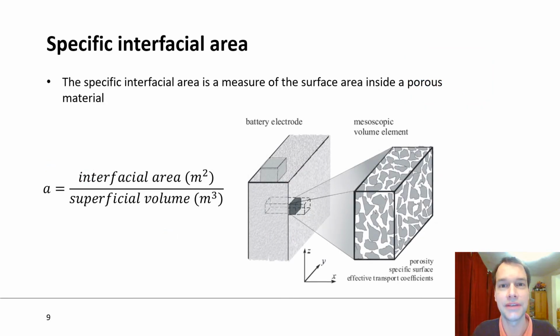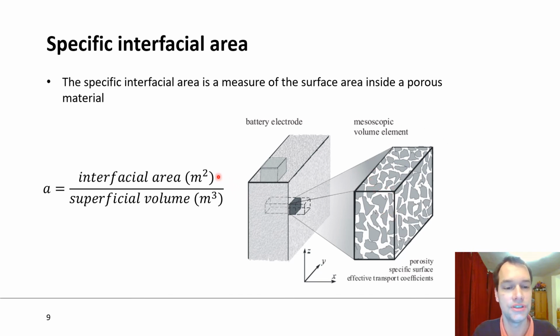The next concept I would like to introduce is specific interfacial area. This indicates the ratio between the surface area inside the porous medium divided by its volume. So you see here a porous material, and basically you take the surface area of all the material that's inside, so of all these particles, and you divide it by the total volume.